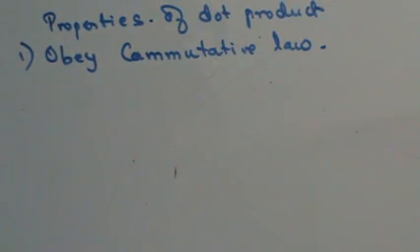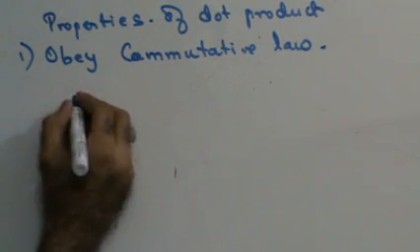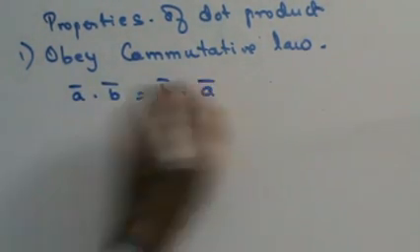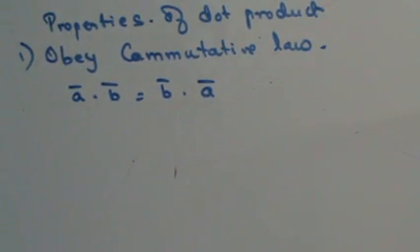What do you mean by dot products obey commutative law? It means A vector dot B vector is equal to B vector dot A vector. Whatever vector I write first or later does not make a difference. That is called commutative law.